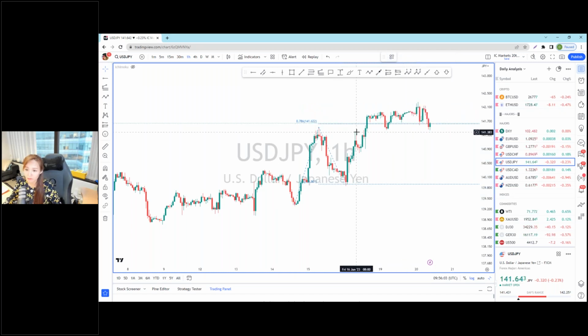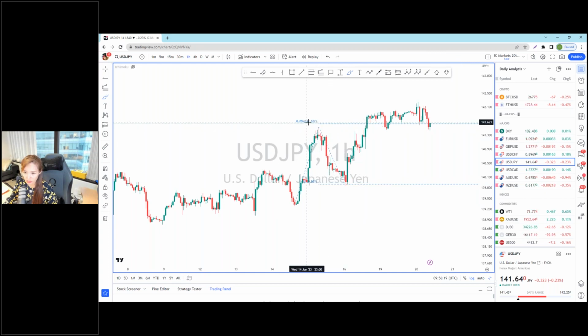You project here and here, because you know this is a zigzag line, from here to here. And after that, you see the price is about to go above your swing high.